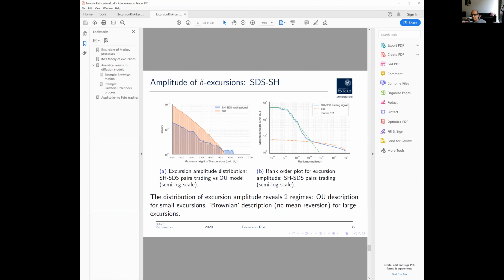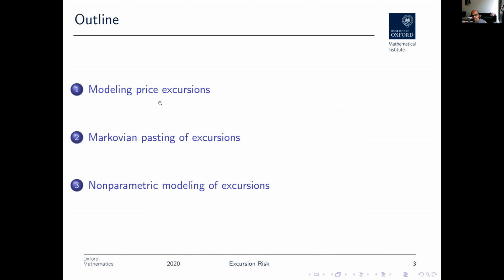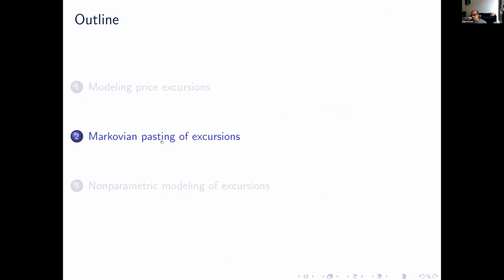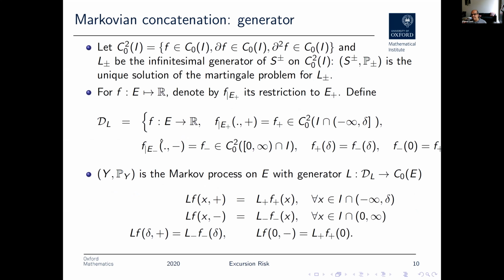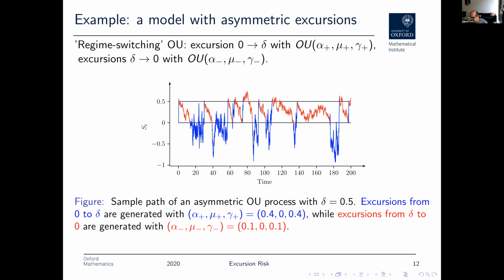For excursions below this level, it behaves like an OU. For excursions above this level, it behaves like a Brownian motion. This construction gives you a way to build examples which do exactly that. You can choose S minus a Brownian motion, and then you will get something like what we see in the data.